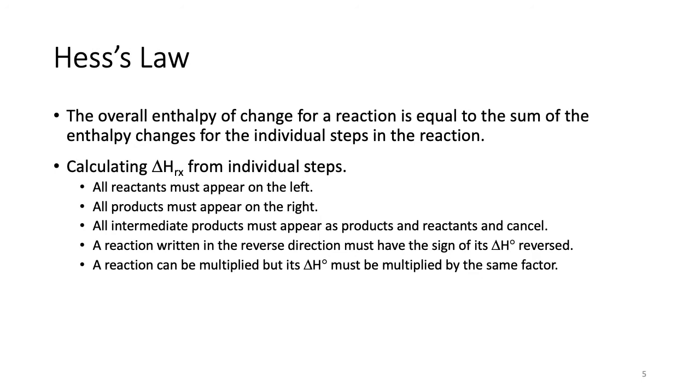If I reverse my reaction, if I flipped it, I flip the sign. If I multiplied by 2, if I multiplied by 3, I multiplied my value of delta H. Whatever I do to my equation, I must do to the delta H. You can multiply, you can divide, but you have to do that same operation to the delta H of that reaction.